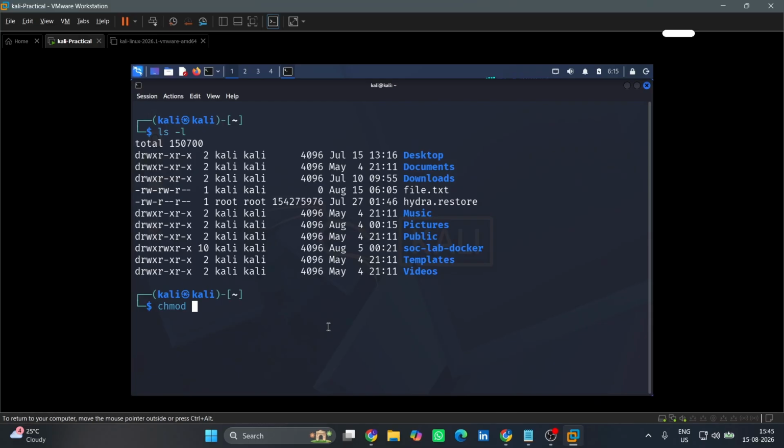For example, let me tell you, okay, we want that other users can also write or modify file.txt, right? So what do we do? Chmod.